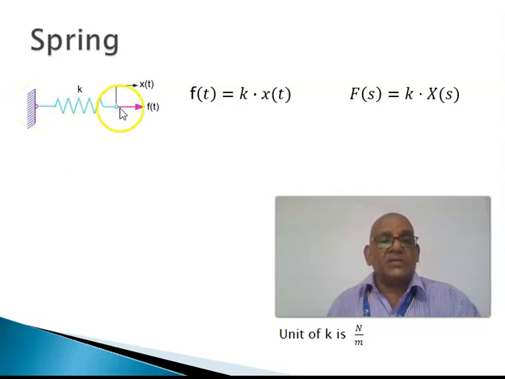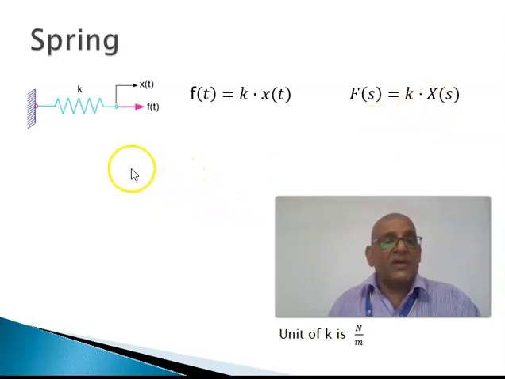In such cases, the total force in the spring is spring stiffness K multiplied by the elongation of the spring. This constant K has units Newton per meter. If you take the Laplace transform of this, you will have F(s) is equal to K times X(s). Both F and X are capital here.